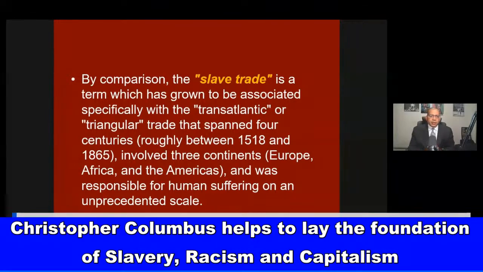This involved 3 countries, 3 continents, Europe, Africa, and the Americas, and was responsible for human suffering on an unprecedented scale.